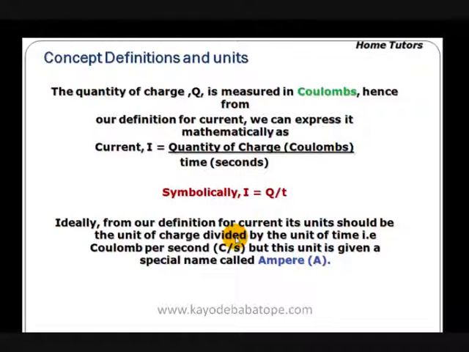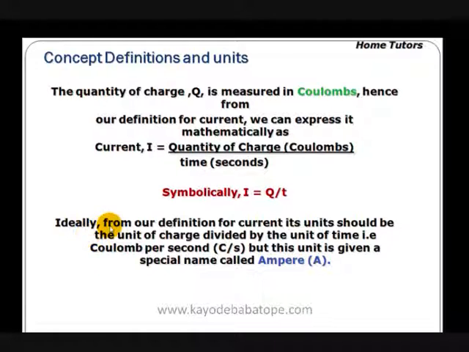Hence, from our definition for current, we can express it mathematically as current I is equal to quantity of charge divided by time. Remember, we said electric current is the rate of flow of charge around a circuit, that is, quantity of charge per unit time. So symbolically, I equals Q over T.